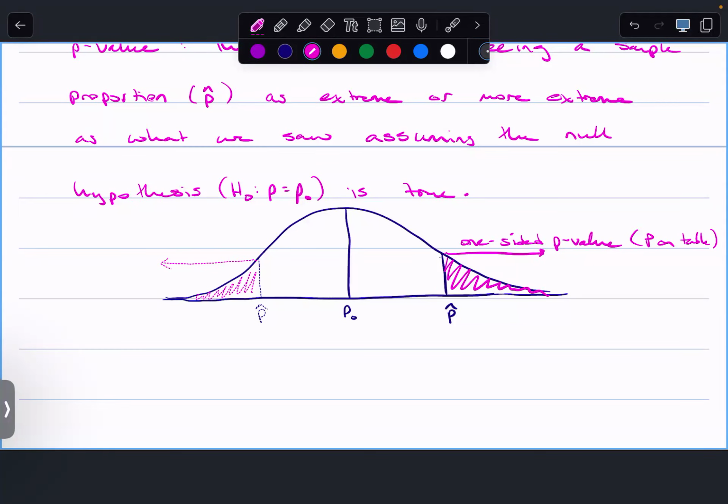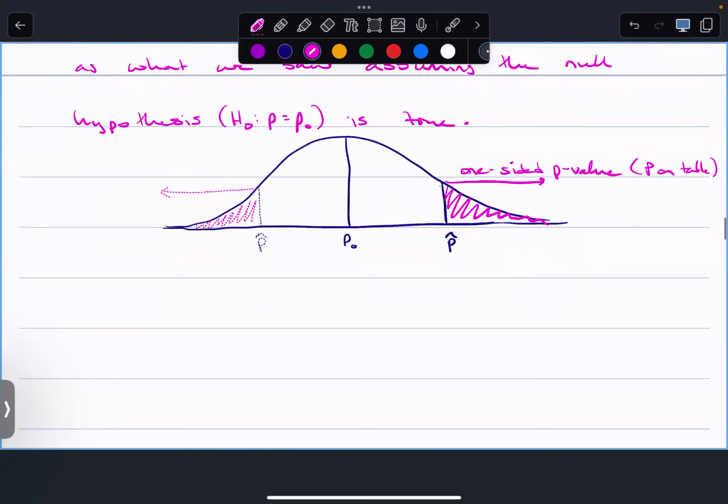Then the two of these would be the two-sided p-value. We'll just sit on that for a little bit.